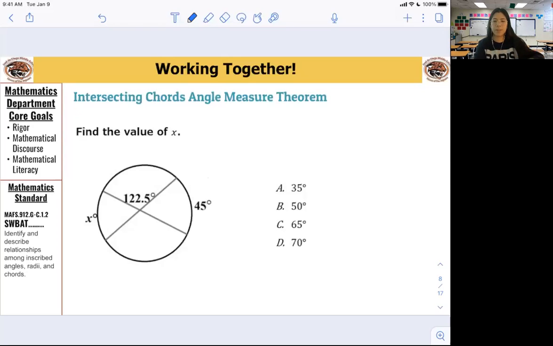Hold on, there's an issue with this one. Hold on. I think I know what happened. Let me see if I can figure out what happened here, guys. Hold on 1 second. I think that when they made this question, they labeled it incorrectly.